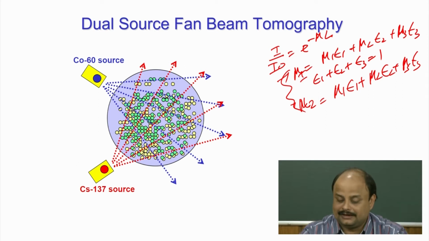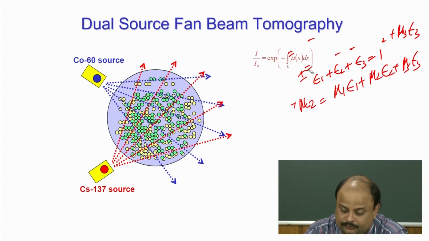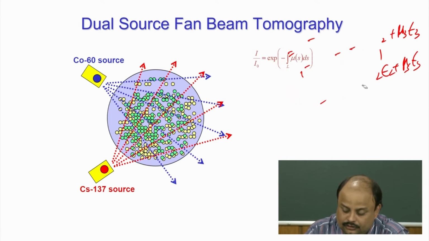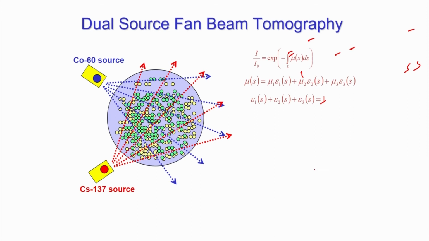Okay. And the same equation is there. As I said, you will have I equal to I naught e raised to the power minus mu L, and then for one source you will have the equation mu 1 equal to mu 1 epsilon 1 plus mu 2 epsilon 2 plus mu 3 epsilon 3, and then you get this equation twice, actually, one for source 1 and another for source 2.